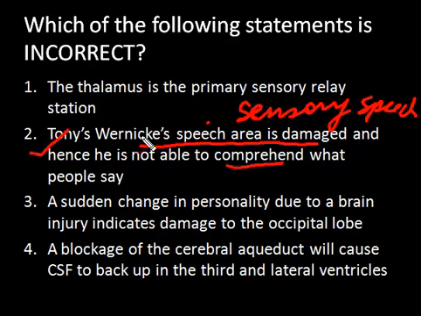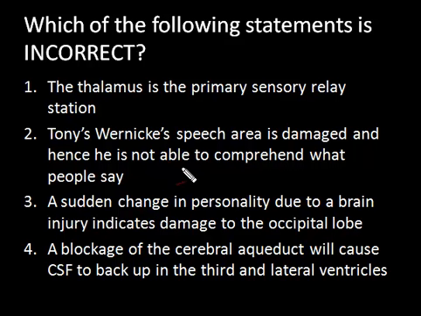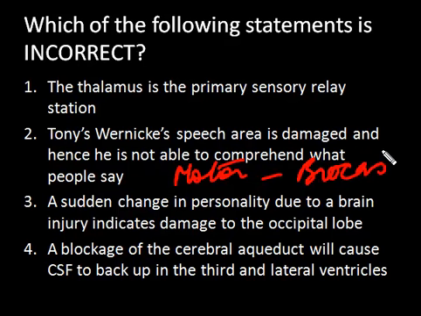Now you have to be careful understanding sensory speech and motor speech. Broca's speech area is the motor speech area, where the person's not able to speak properly. They can understand whatever anybody says, but when they try to reply, because the motor coordination is gone, they are not able to speak properly.